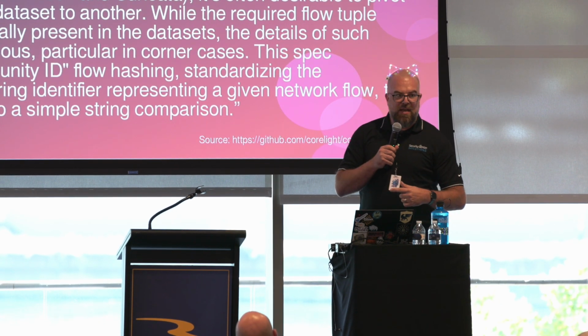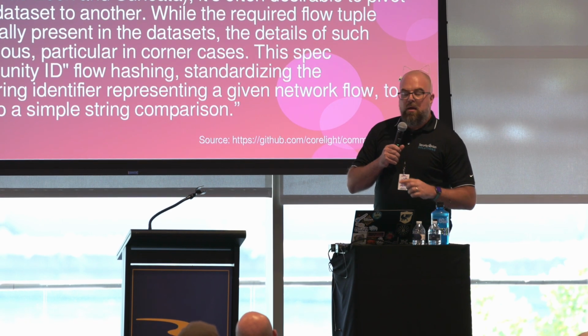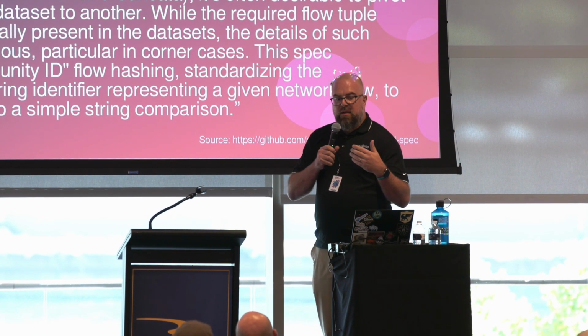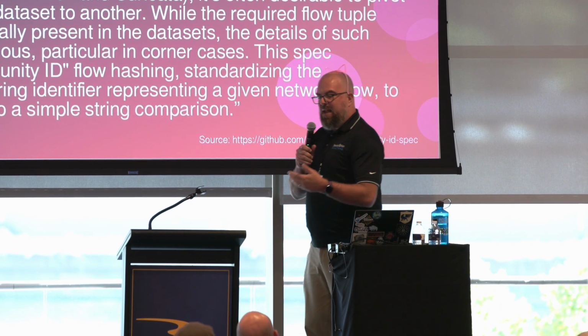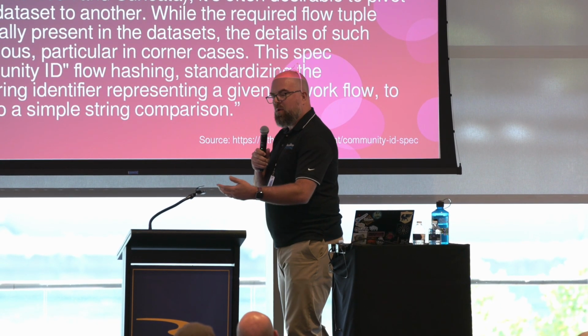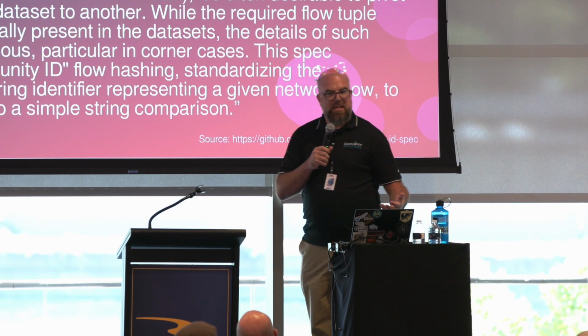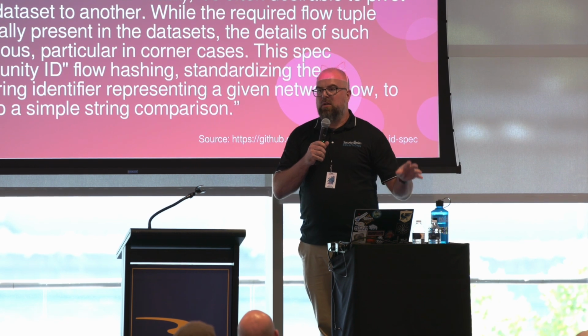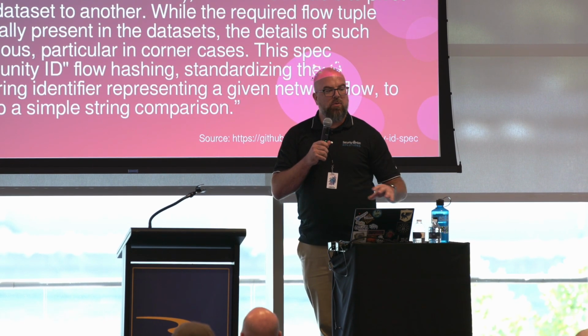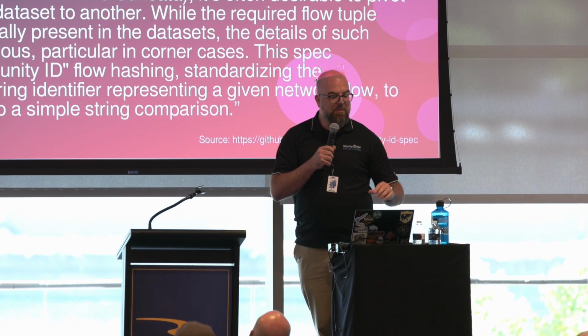And we'll see this in the demo as well. But it means you can take a network flow record from your firewall and endpoint information and something from your antivirus and maybe something from Zeek and see all of those records that are related to that flow all at the same time. It makes it super, super easy to pivot between the different data types.